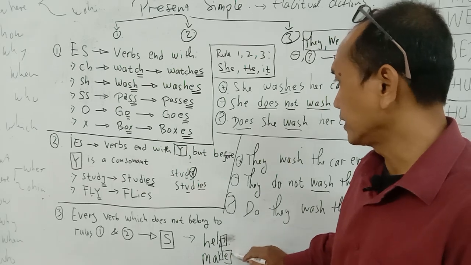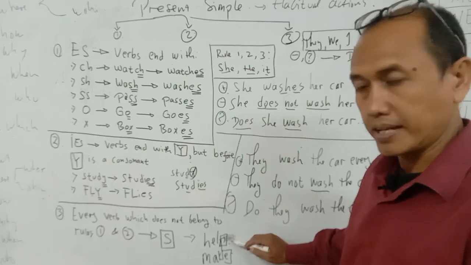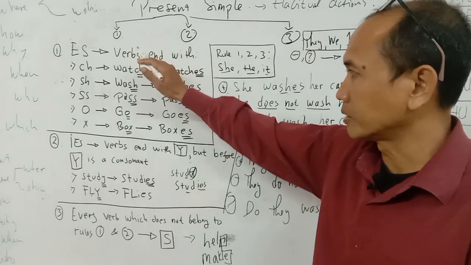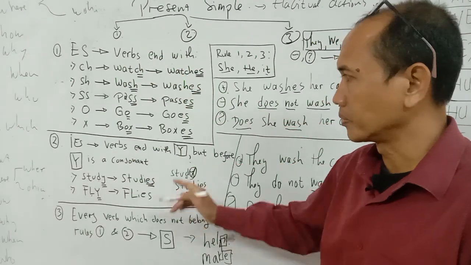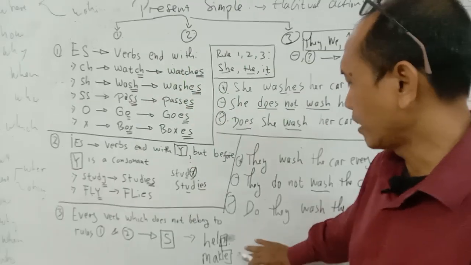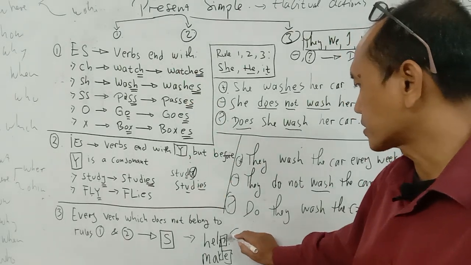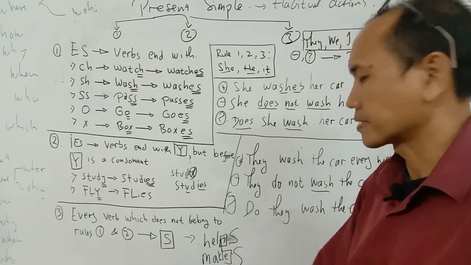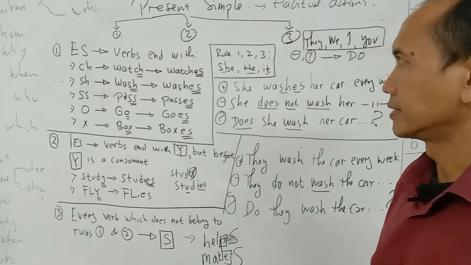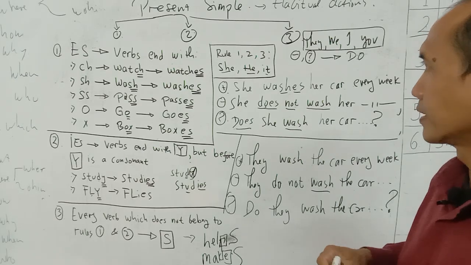P and E do not belong to rule number 1 and rule number 2. When they do not belong to rule number 1 and number 2, you just put s. Simple.